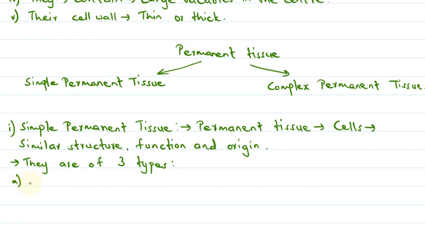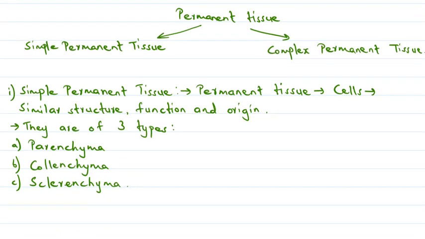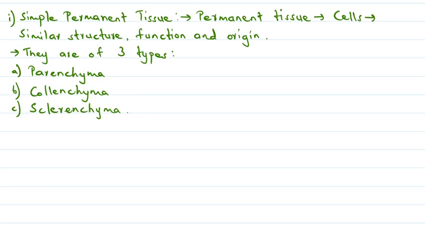One is the parenchyma, then there is collenchyma, and the third one is sclerenchyma. So these are the three different types of simple permanent tissue, and we will talk about each of them in detail in our next videos. The next type of permanent tissue is the complex permanent tissue.